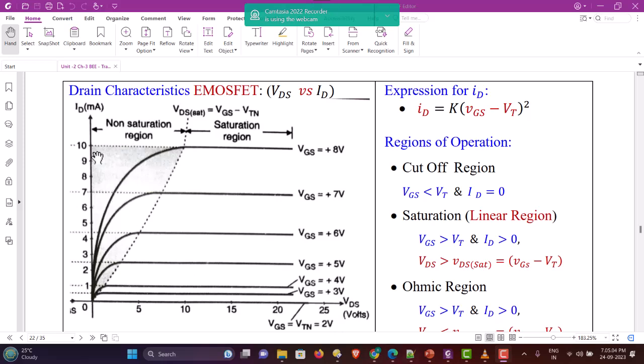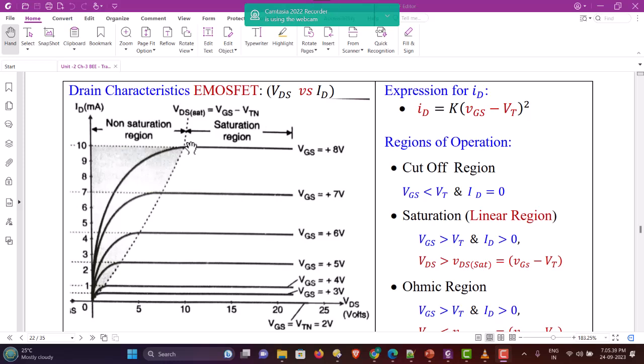The region near the y-axis, where the drain to source voltage is low and drain current is large, is called the non-saturation region or ohmic region. Whereas the region near the x-axis, where the channel is totally pinched off or no channel exists between drain and source, so no drain current flows, is cut off, and therefore this region is called the cutoff region.